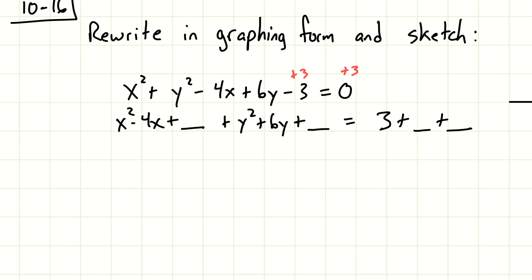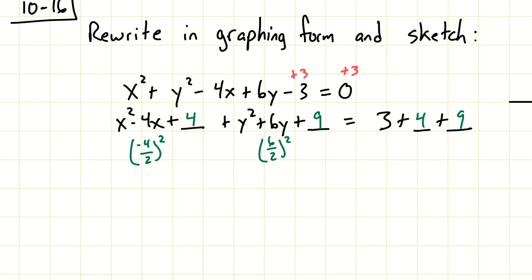All right, so this is where we do the completing the square. So I'm going to take negative 4 divided by 2 squared, which is going to be 4. And then I'm going to do the same thing, 6 divided by 2 squared, which is 9. So I'm going to add 4 and 9.